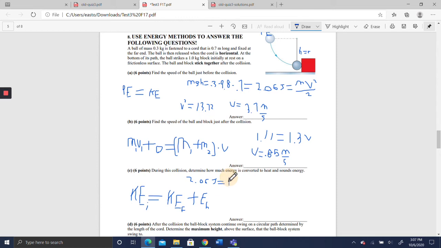So our mass is 1.3 times 0.85 squared over 2 plus EH. So we just multiply these values out.